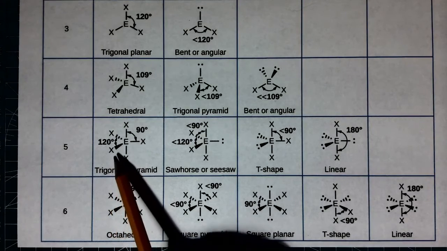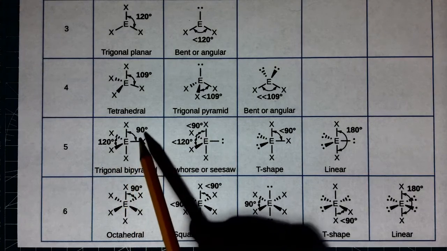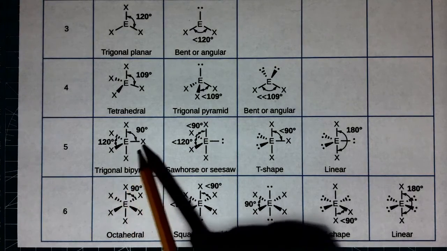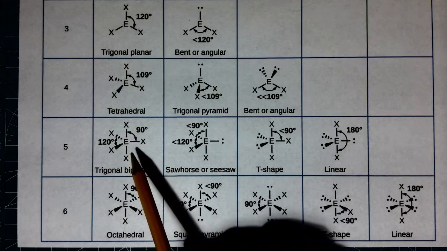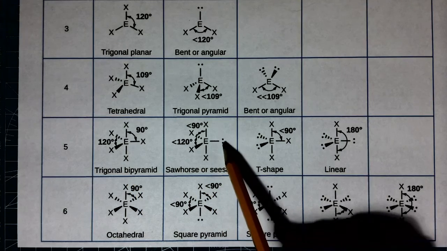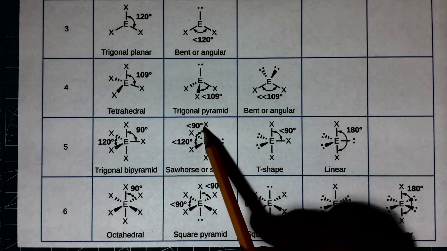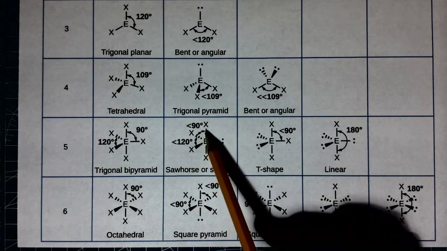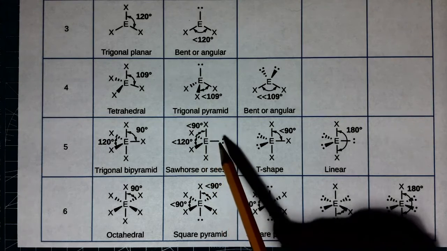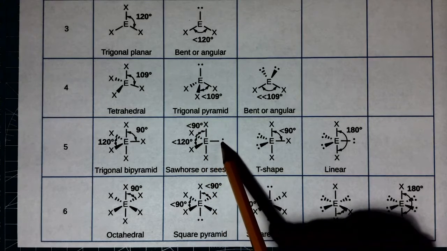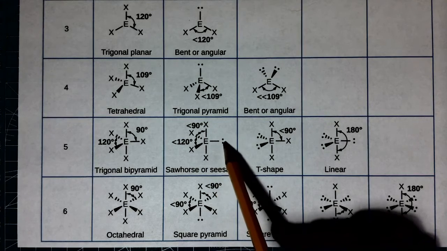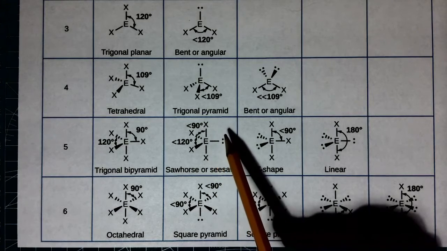Here again, when we have 5, we have this special condition where we have axial and equatorial, right? And when we place the lone pair, we're going to place it equatorially. Because if you think about it, if I place it here, it's always 90 degrees away from each one of its neighbors. But if I place it here, it's going to be 90 degrees away from this neighbor and 90 degrees away from this neighbor, so 2 of them.